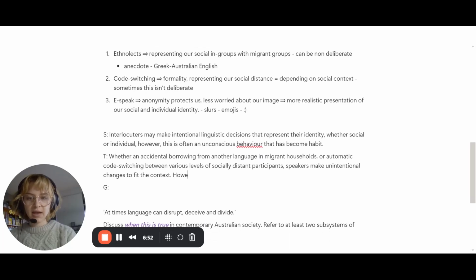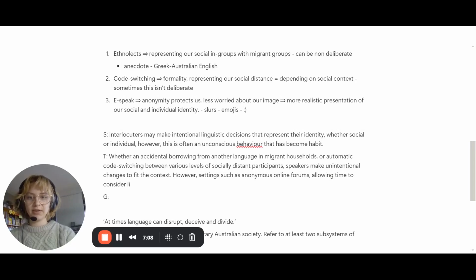However, settings such as anonymous online forums allowing time to consider linguistic choices.